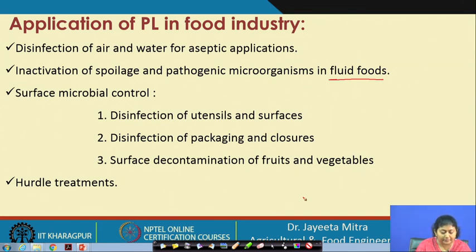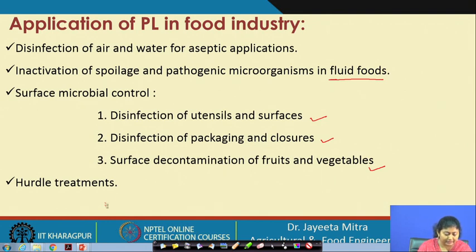Then surface microbial control: disinfection of utensils and surfaces, disinfection of packaging and closures, and surface decontamination of fruits and vegetables. Suppose we want to convey these from one location to another, and while conveying they are exposed to pulse light treatment, so that surface decontamination can take place.